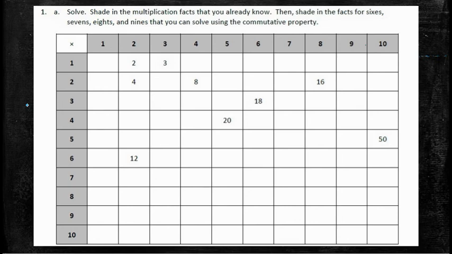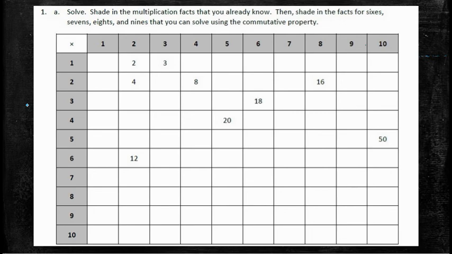Find the total number of facts on your multiplication chart. I'll give you a moment to do that. How many facts are on the chart? Okay, you should have gotten the number 100 facts.